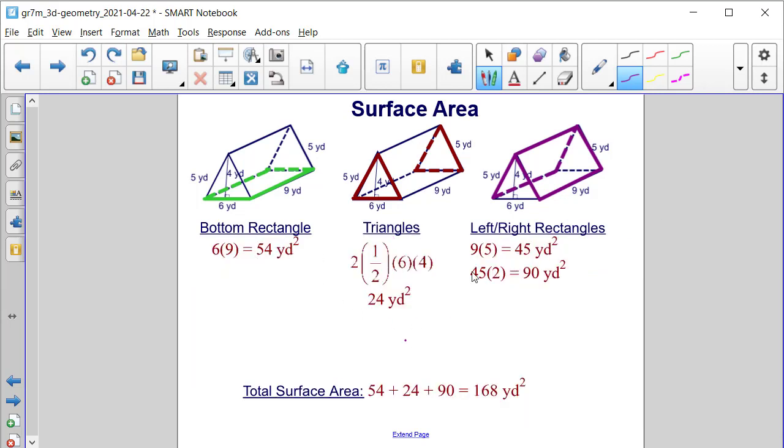And here are the calculations for the areas that we just found. And we did have 90 square yards, 24 square yards, and 54 square yards. And when you add them up, you do get 168 square yards. Notice with the triangles, they put the extra coefficient of 2 in front of the area formula for one of them. You can do that as well.